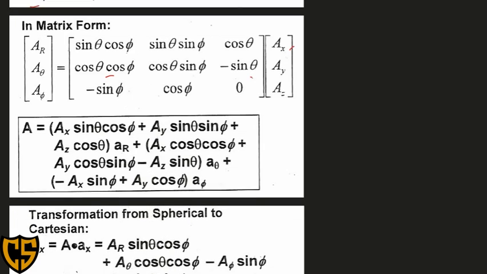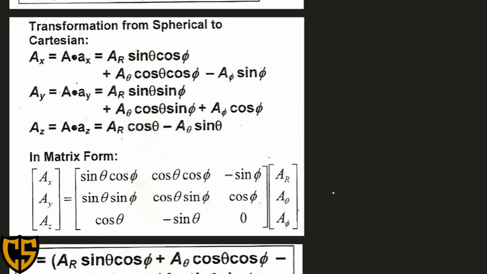Then, ang himuon naton dayon is to add na lang ang aton nga mga nakuha nga mga values for AR, A theta kag A phi. Amo na dayon ang aton nga vector nga na transform from sa aton nga rectangular pakadto sa aton nga spherical coordinate system. So same process will be used when we are transforming spherical to Cartesian.